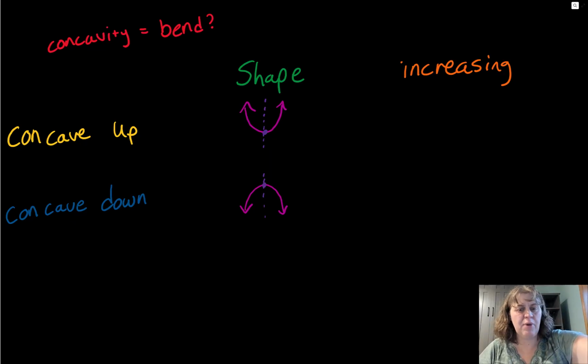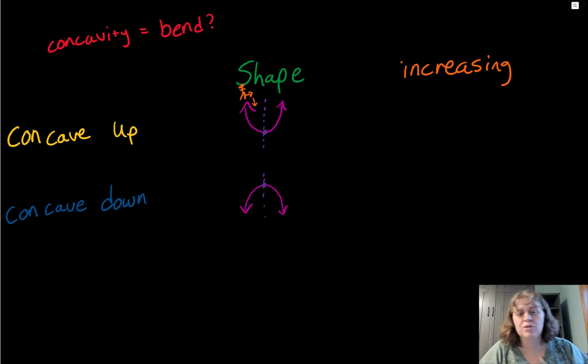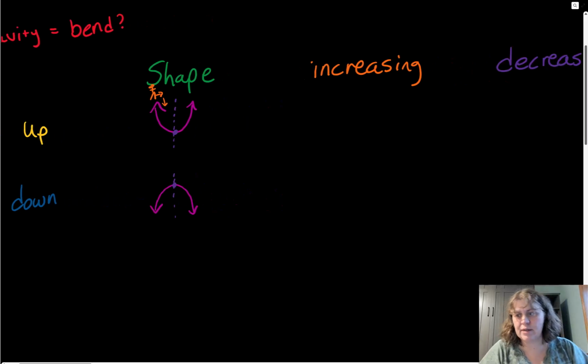Remember when we're talking about increasing, decreasing, we have a little dude starting here on the edge of the graph, and he's walking this way. Is he going up or down? At first, he is sliding down. So that is decreasing.